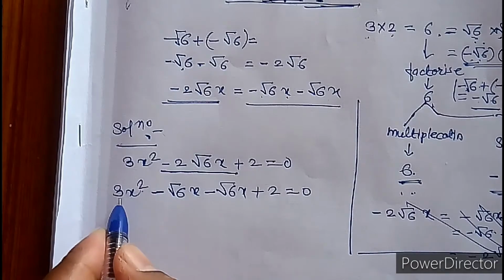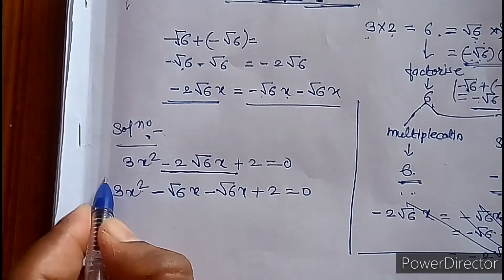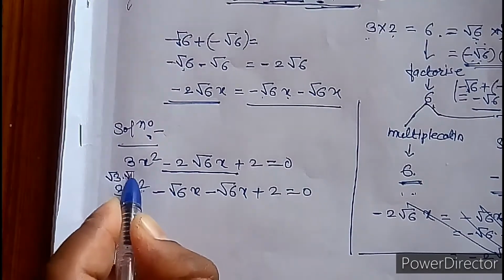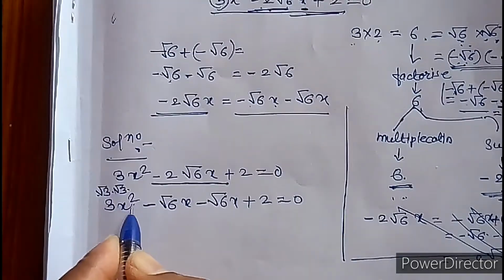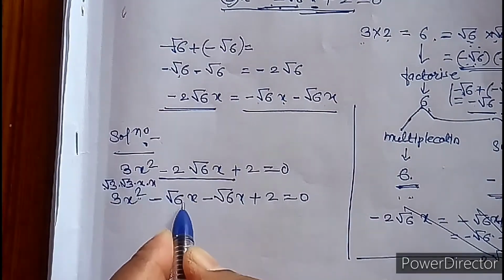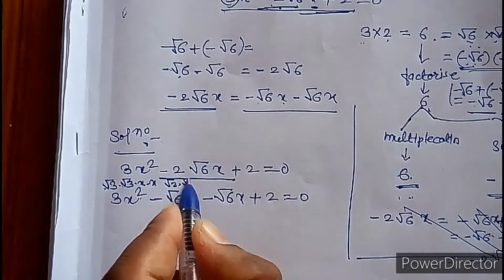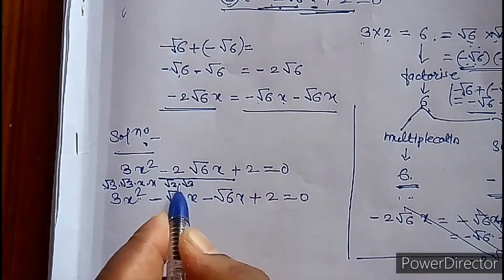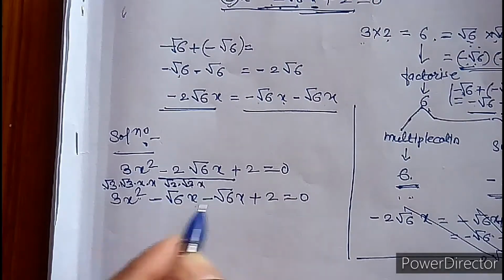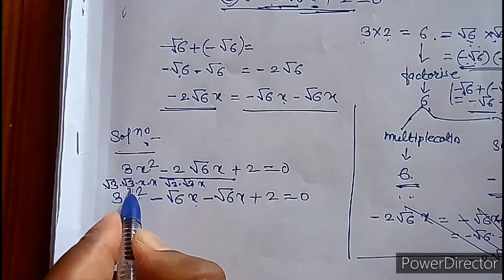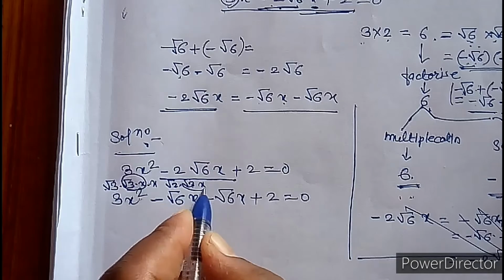Here 3x square can be written as root 3 x into root 3 x, and root 6 can be written as root 2 into root 3. Here you can take root 3 x as common from both of these.